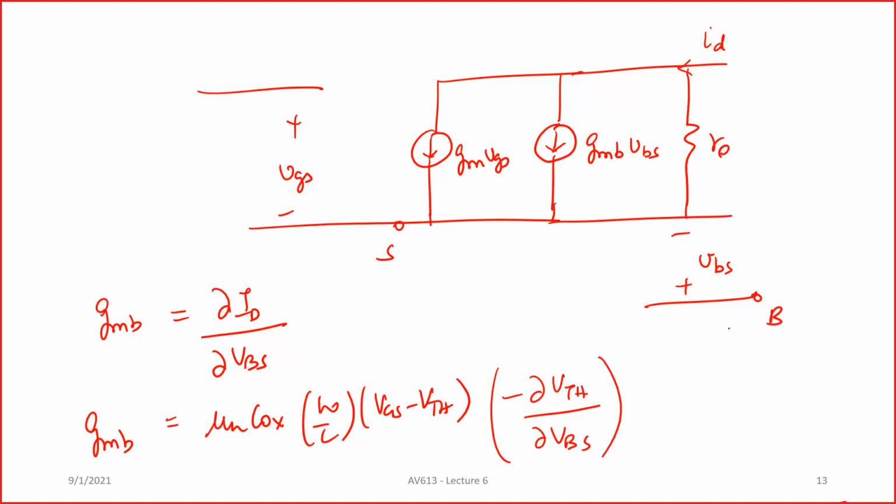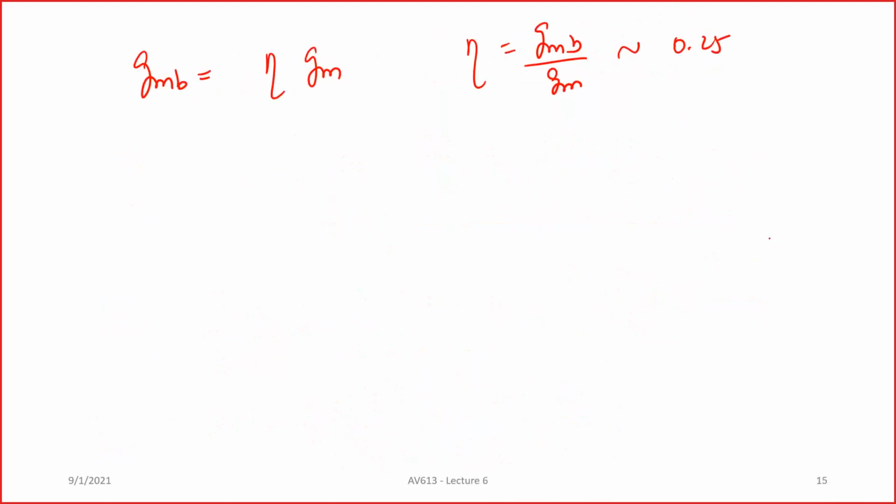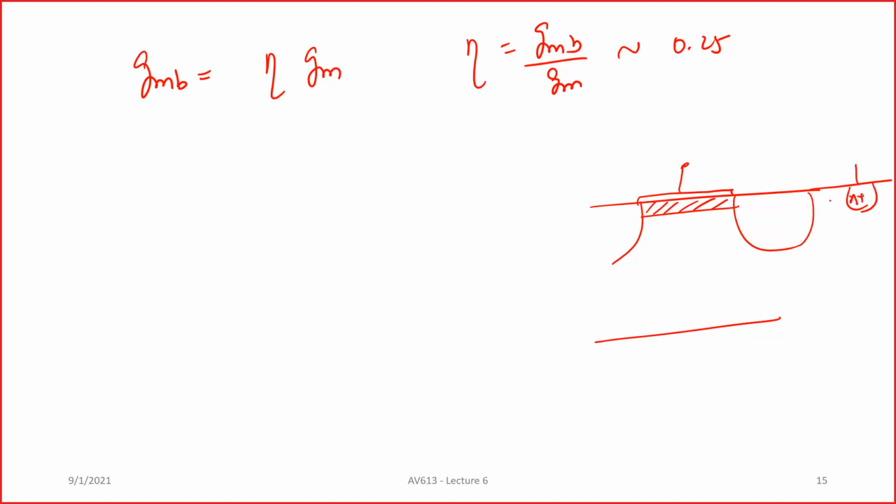Sir, you were telling something about the second gate in between. What that was is, I was just trying to justify why we write GMB. If you take your MOSFET, let's say this is a P plus region, this is your bulk terminal. Now this bulk potential is going to affect how many electrons or holes go here and how many don't. So it is almost like you have control over the backside of the gate.